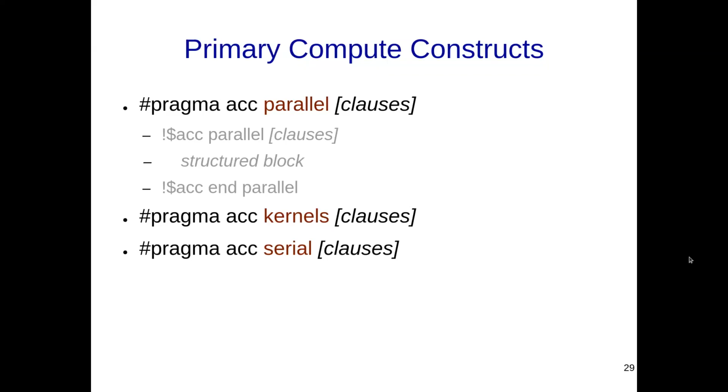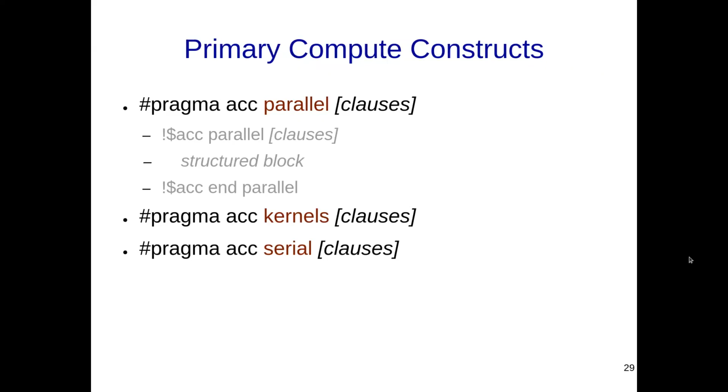And the last one, which is nonetheless required, is acc serial, which executes your code serially. One would imagine, why would you require that? If you don't specify any pragma, then anyway it is going to run sequentially. Yes, that is correct, but there will be cases where you are actually inside a parallel construct, but you don't want a certain part to be executed in parallel.